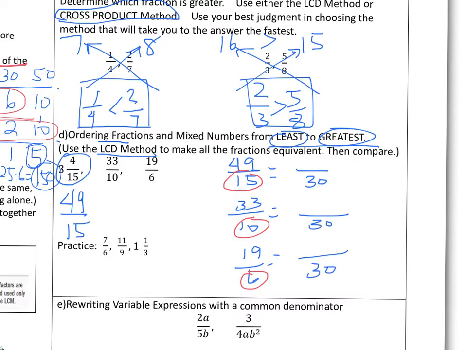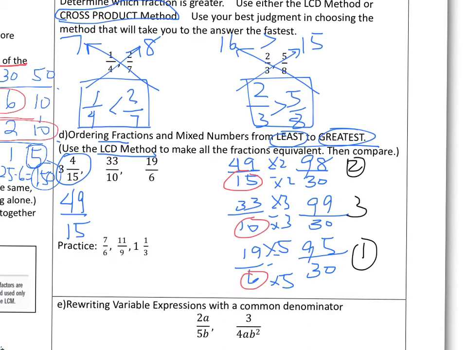And we're going to have to multiply by 5 here. Okay, and 3 and 2. Alright, let's use numbers to number them from least to greatest. 2, 3.